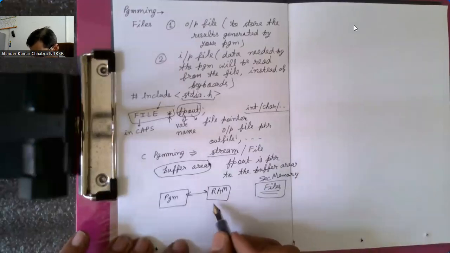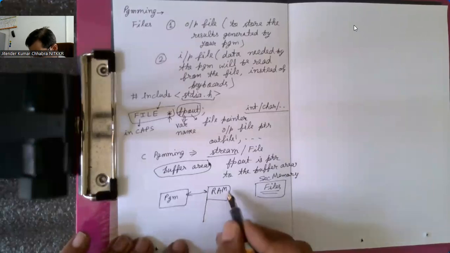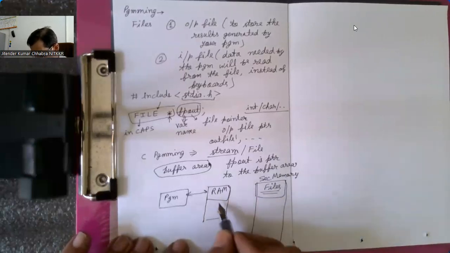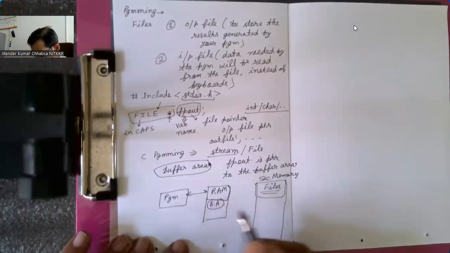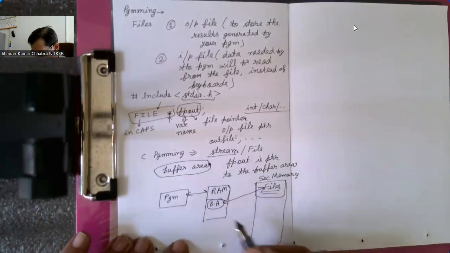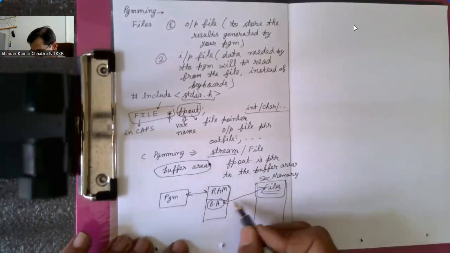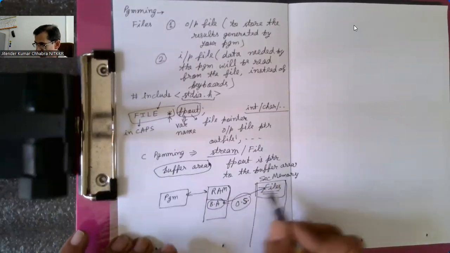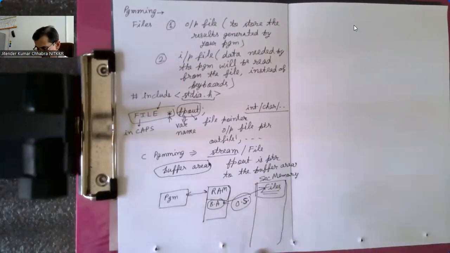Hence, within the RAM, you have a big RAM available and your secondary memory is much bigger. So you will have some buffer area declared for a particular file, and the synchronization between that particular file and the buffer area will be taken care of by the OS. So the operating system will be there to handle all this synchronization and use of buffer area.